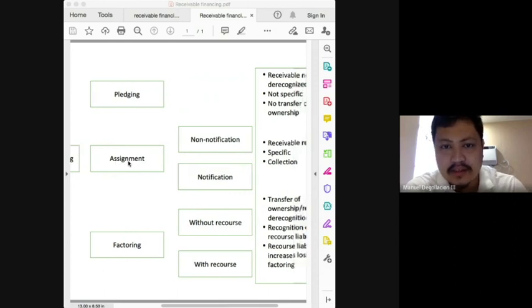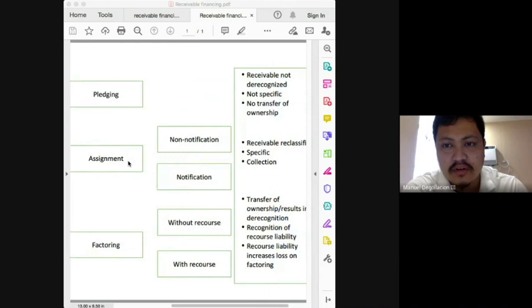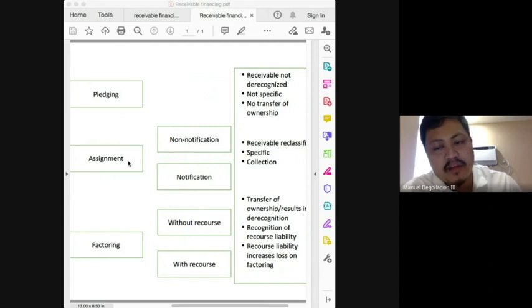And that is why, as a point of comparison among these three, in factoring, you will be removing from your records the receivables that are being factored.